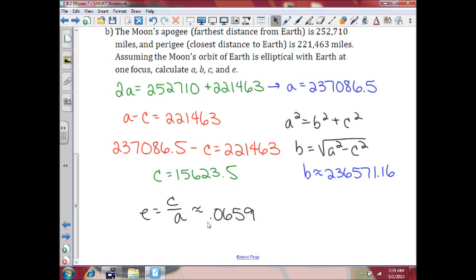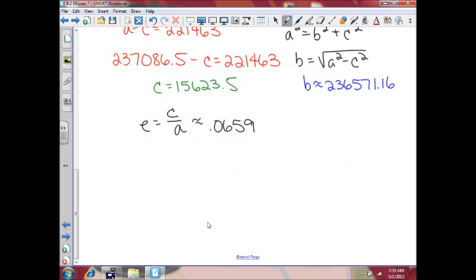Now, what does all this mean? Our a value, again, is our semi-major axis. Our b value will be our semi-minor axis. Because they're really only about 1,000 miles off, that means it's pretty close to a circle. c is the distance from the center of the orbit to the Earth. And your eccentricity, the closer it is to 0, means it's almost a circle.